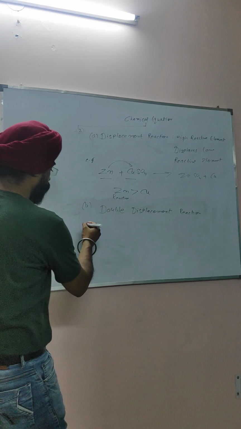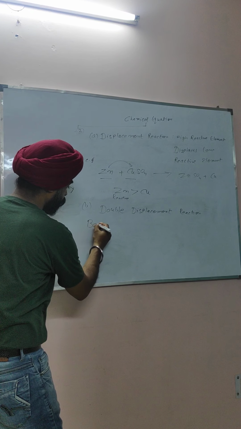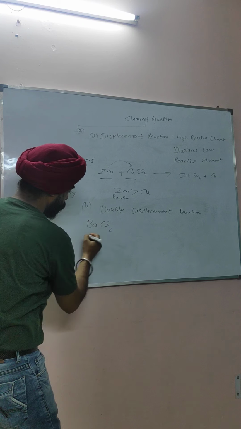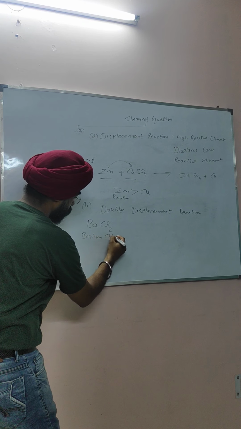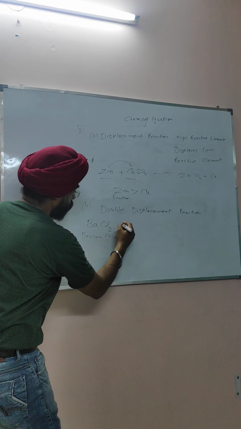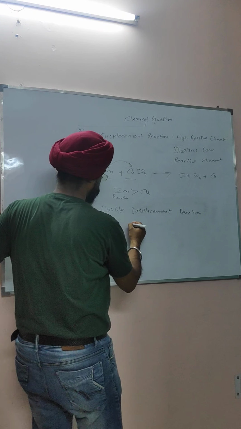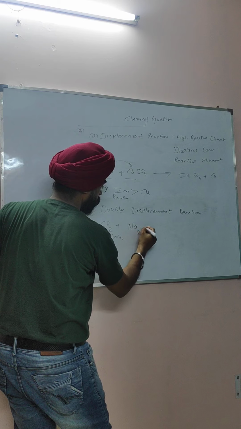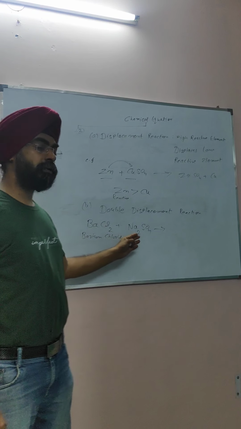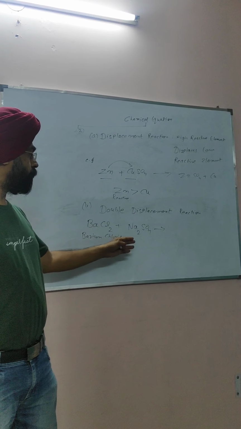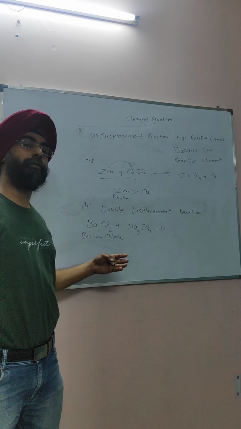If we take barium chloride, BaCl2, and sodium sulfate, Na2SO4, when barium chloride reacts with sodium sulfate, this is not the higher or less reactive element case.